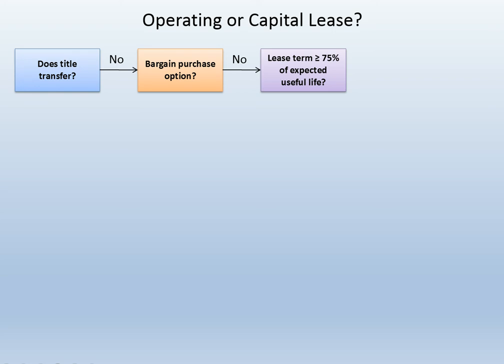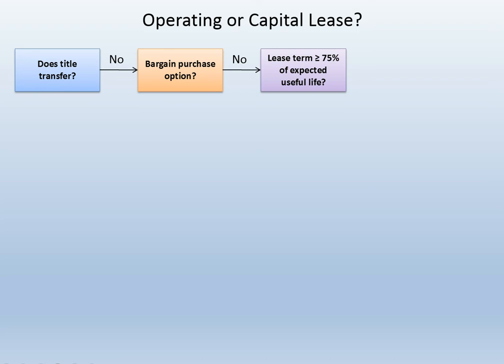If the lease term is 8 out of the 10 years expected useful life, then that would be 80% and would meet this criteria. Now, where a lot of companies will try to manipulate things is, for example, again, we've got a 10-year useful life on an asset.